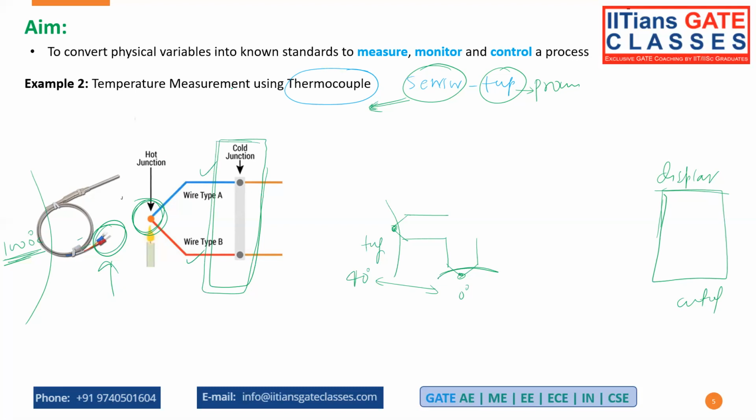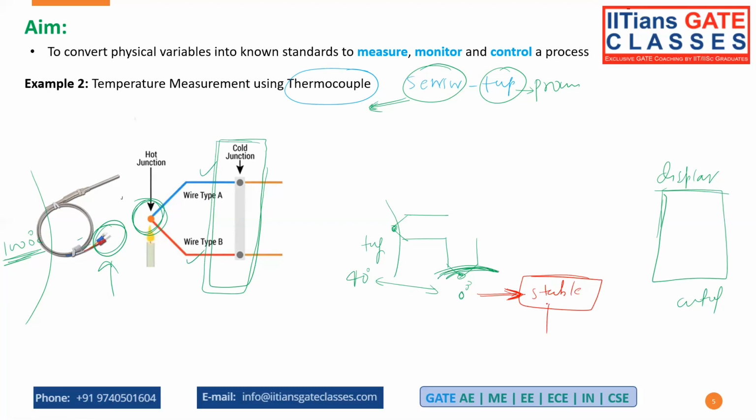So we want a reference junction, and this reference junction always used to be at 0 degrees Celsius. But there is one disadvantage, right? Due to variation in the temperature, ambient variation, or any other cause, this is not stable. This we will study in detail in our full courses, or briefly in this crash course.